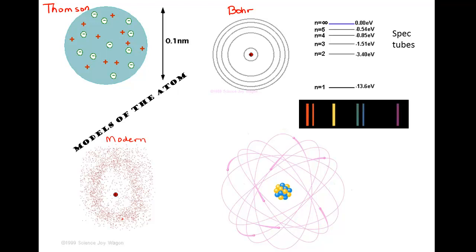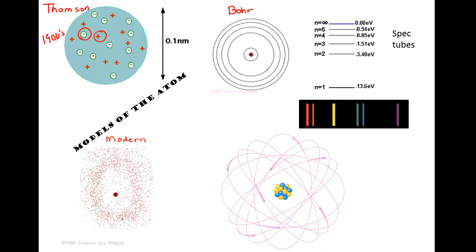Models of the atom. Here are some of the various models of the atom. The Thomson model goes back to the early 1900s, and it really represented the fact that they knew that they had positive particles and negative particles, and it made the most sense at that time to think that they would be just randomly distributed because they knew that positive particles did not like each other.